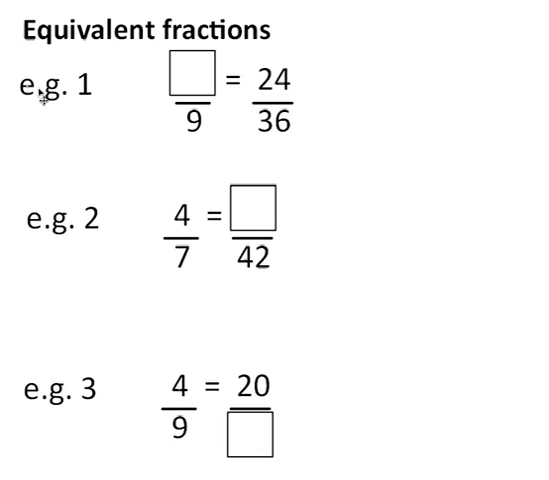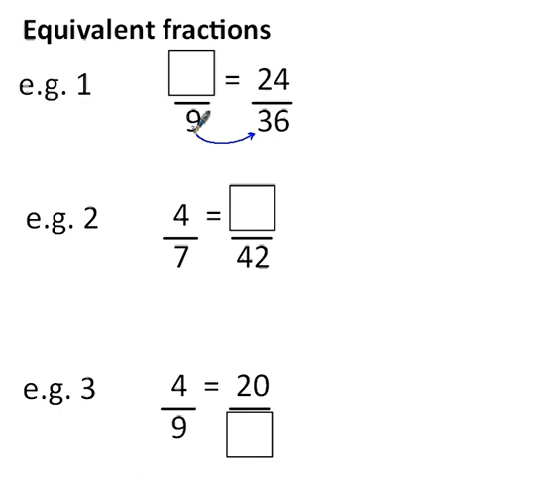Let's try a few more examples where I know the numerator, or I know the denominator, and I've got to find the missing part. Right, here what I'd do is, if I was trying to find something in 9ths as an equivalent fraction to 24 over 36, I'd ask myself, what do I need to multiply this denominator by to make this denominator?